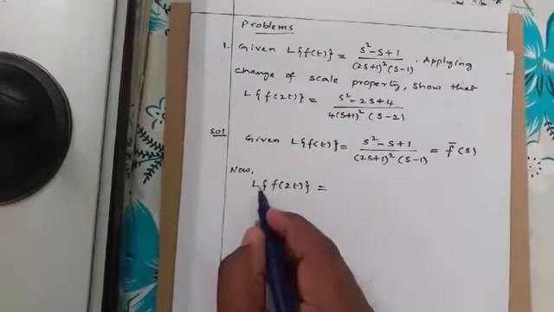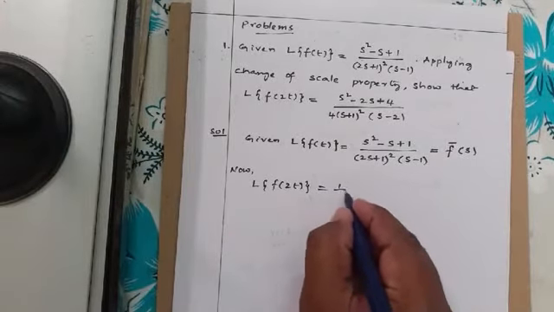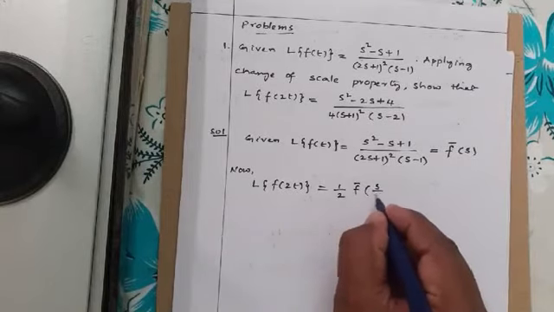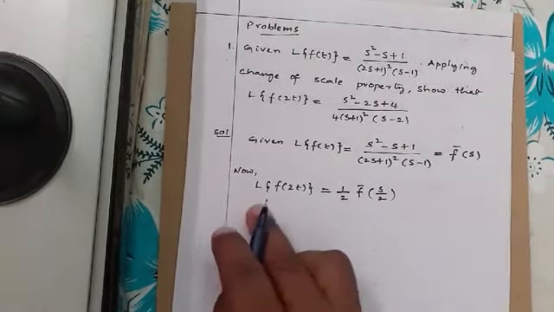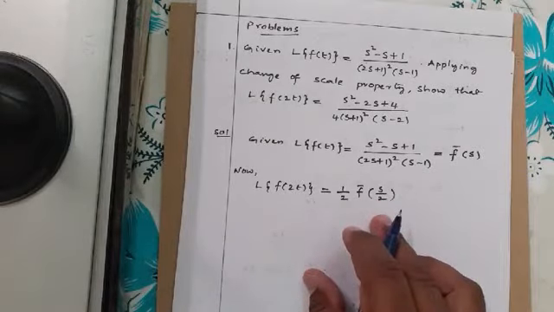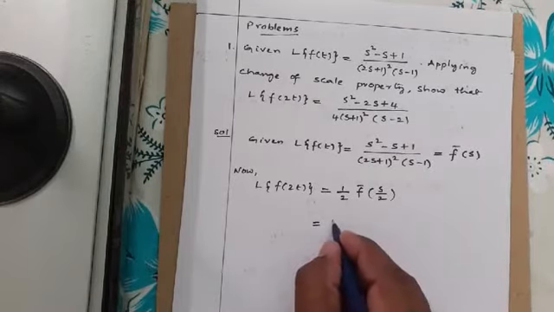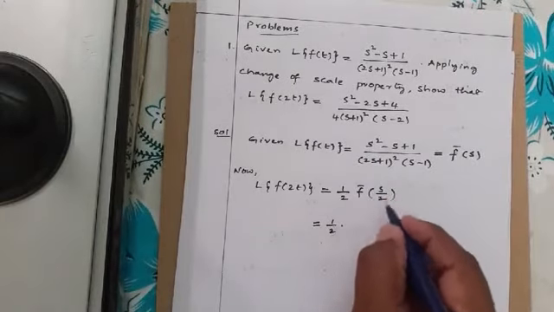So Laplace of f of 2t is equal to 1 upon 2 f bar s upon 2, from the change of scale property. As I have shown just now, L of f of at is equal to 1 upon a f bar s by a. So this is equal to 1 upon 2, into, now here you have f bar s by 2.